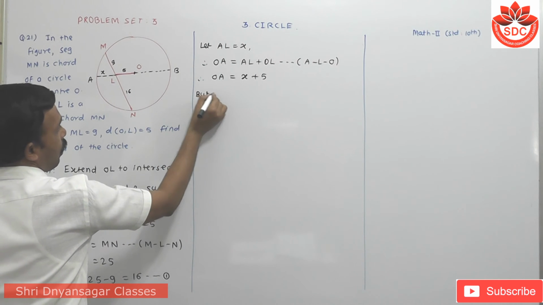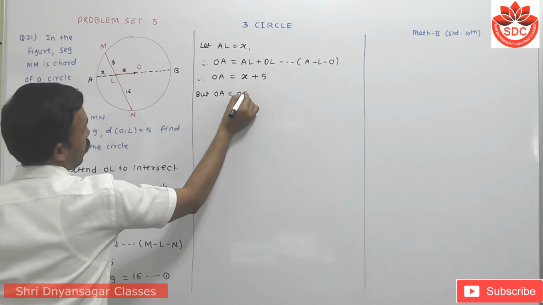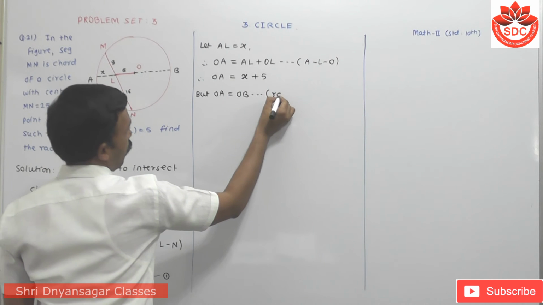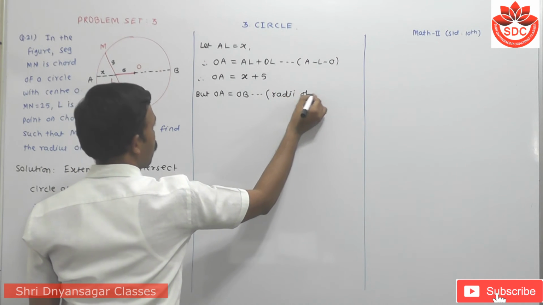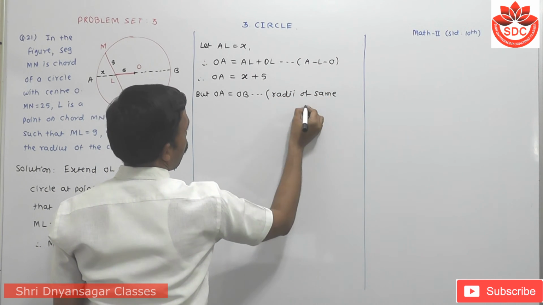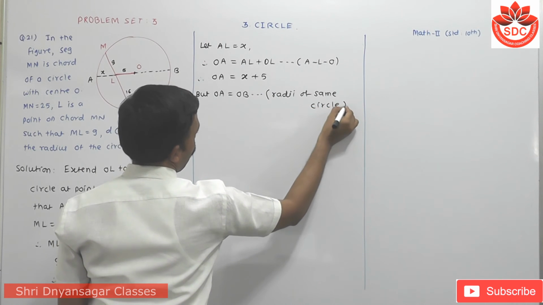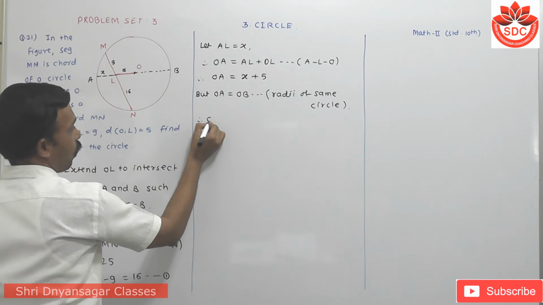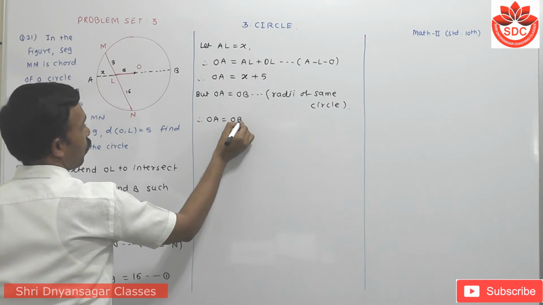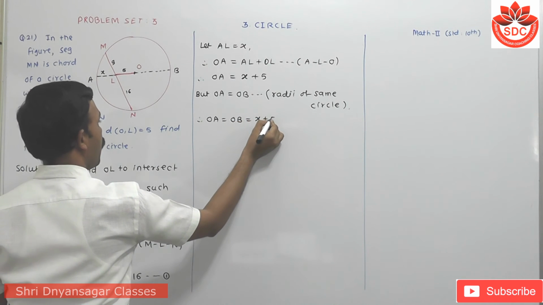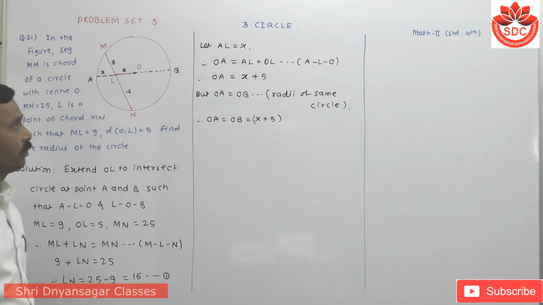But OA is equal to OB, because they are radii of the same circle. Therefore, OA is equal to OB is equal to x plus 5. Both have x plus 5.